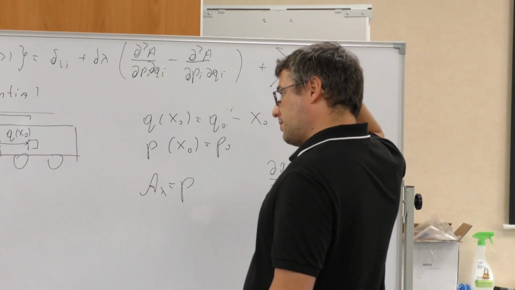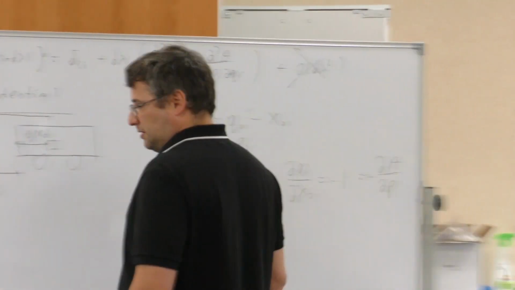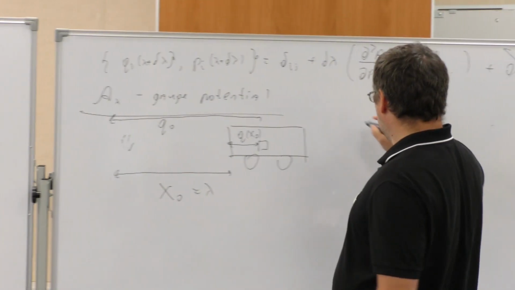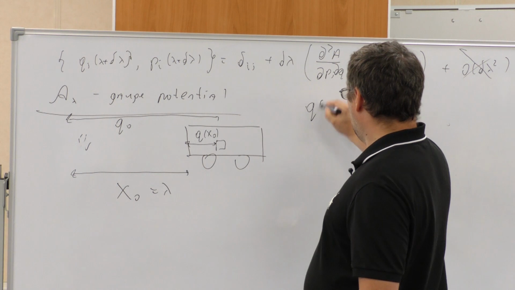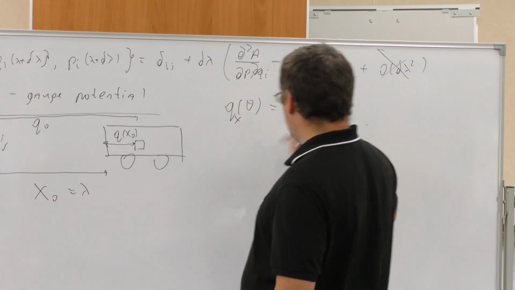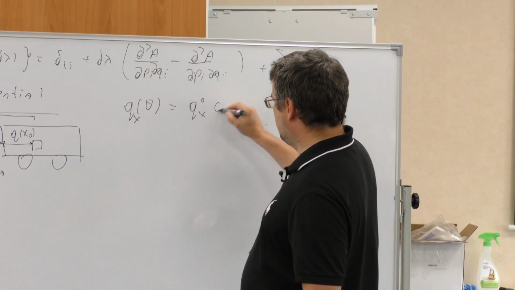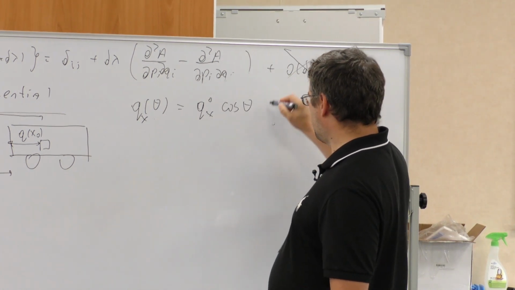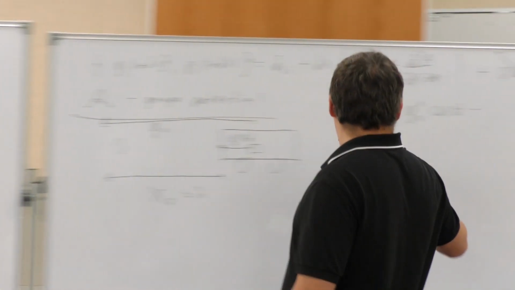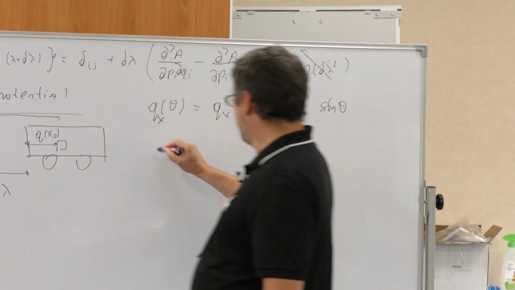Let me try another canonical transformation. As you guess, it could be rotations. Now I define my coordinates as a function of some rotation angle. So q theta will be qx. Suppose I consider two-dimensional rotations. Again, you can check that it's true in all dimensions. qx of theta equals qx naught cosine theta, and I never remember signs, I think it's minus, it depends how you define rotation, minus qy naught sine theta.